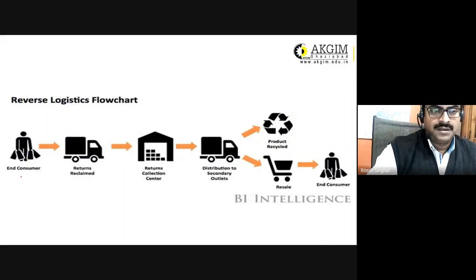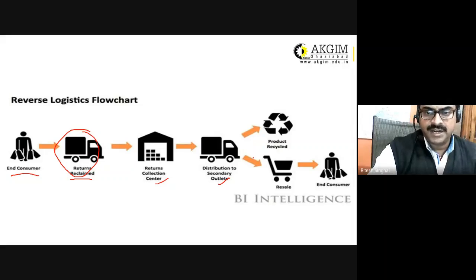Customer decides, customer return reclaimed. The customer claimed that they want a return, they want to take it back. So return reclaimed, return collection center approaches the customer, then distribution to secondary outlet. Now ultimately the product is recycled or resold to another customer. So this may be one of the diagrams.